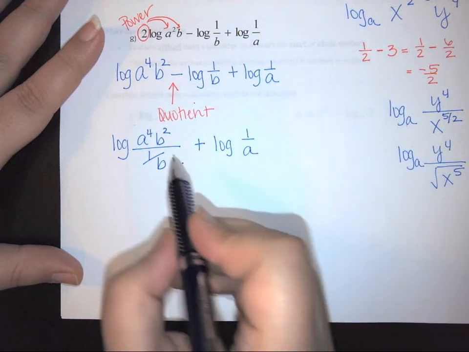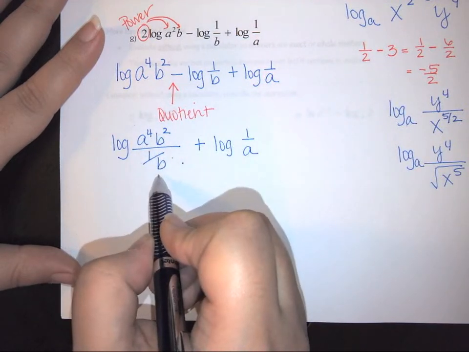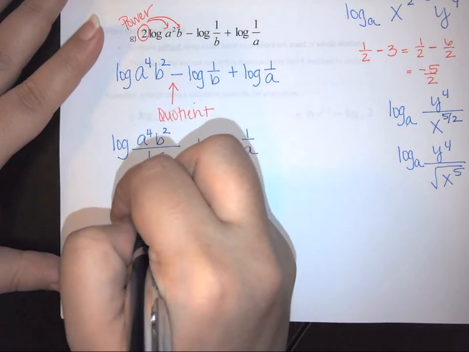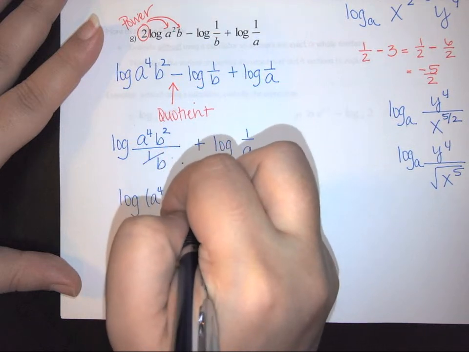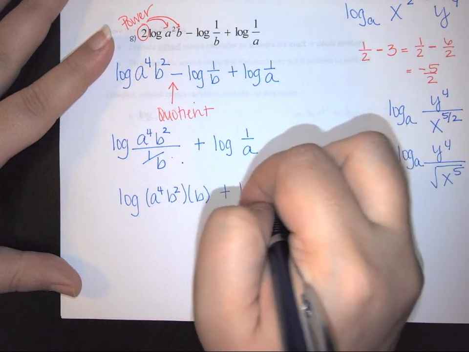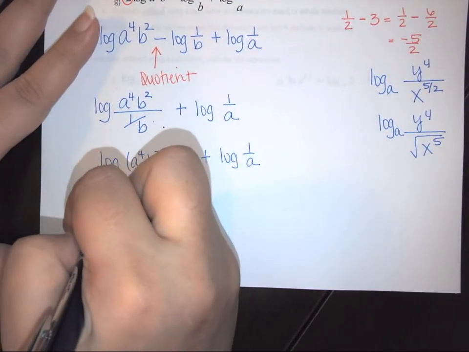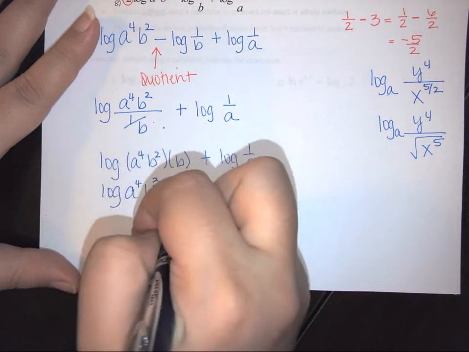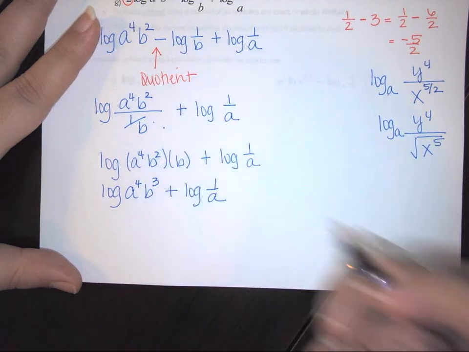So your fraction rules say keep the top and change by flipping the reciprocal of the bottom. So this is going to become the log of a to the 4th b squared times b plus the log of 1 over a. Doing this multiplication gives me the log of a to the 4th b cubed plus the log of 1 over a.